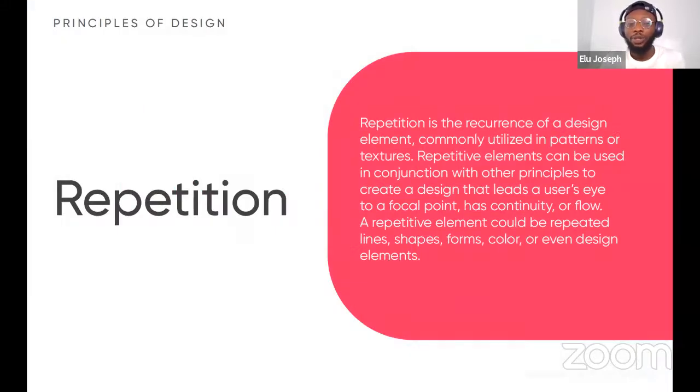Now, repetition. Repetition brings me to the part where I was telling you guys yesterday that every aspect of design has its own principle, but most of the principles mean the same thing across board. So repetition is the same thing when it comes to layout and composition. You're still repeating something, right?